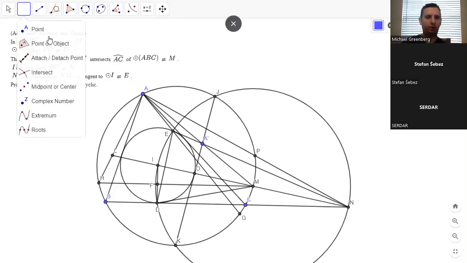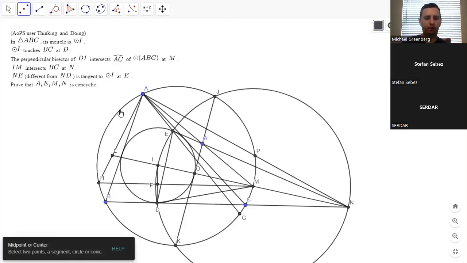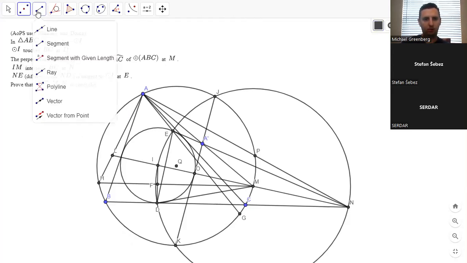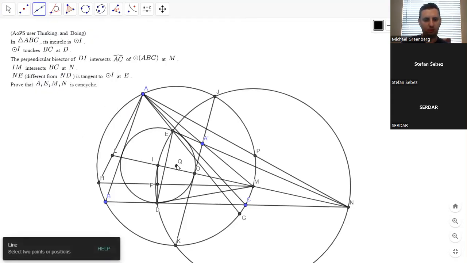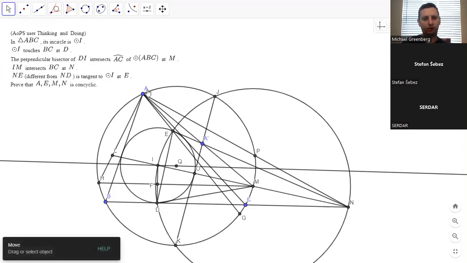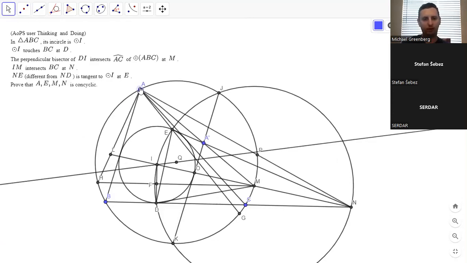Let me draw the center of ABC. It looks parallel, but I don't think it actually is. There's no way. Yeah.